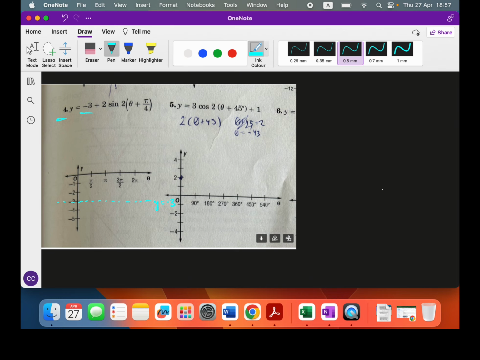The next thing we need to do, looking at this, tells me that because the amplitude is 2, it's going to hit its max 2 above it, and 2 below it, at negative 5, it's going to hit its minimum. So this is y equals negative 1, and this is y equals negative 5.